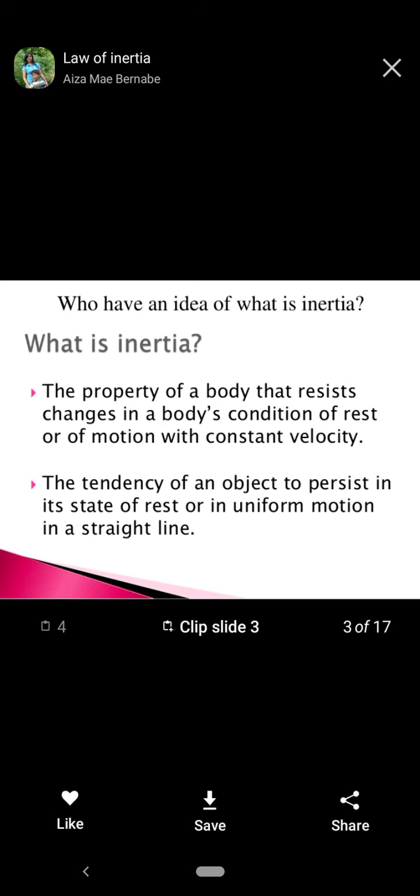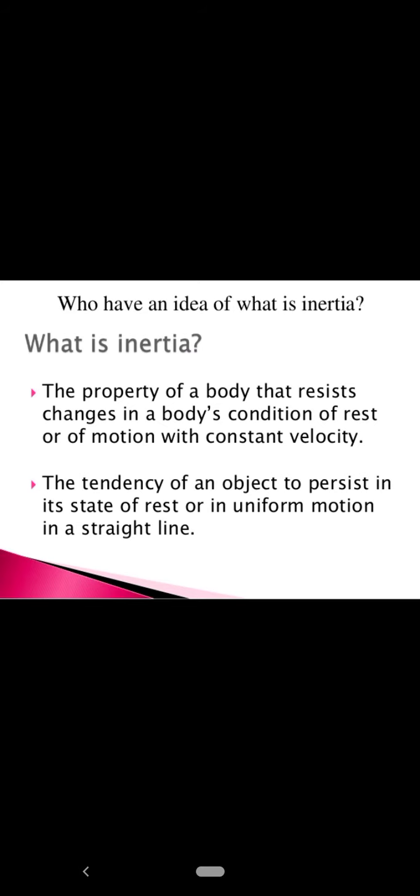And if a body is in motion, then it will want to remain in motion until and unless an external force acts on it. So the body or an object wants to persist in its state, whatever the state is. It can be rest or it can be motion, so the body will want to persist in that state. This property of a body is known as inertia.